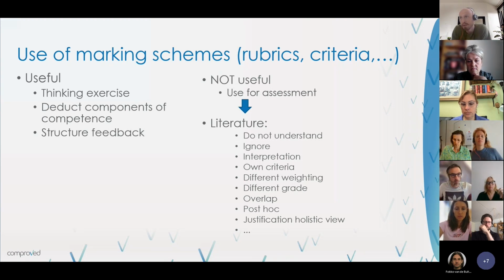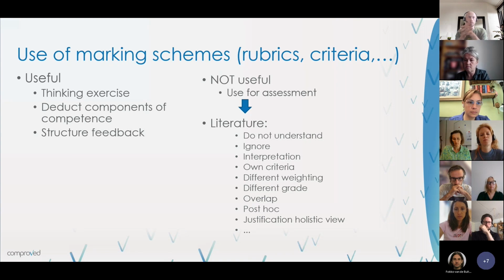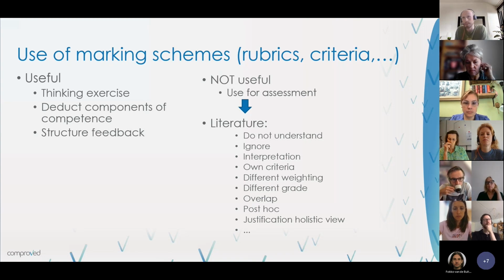They use their own criteria, have different weightings, different grades, and most of the time people use it as a justification of their gut feeling. So they read a paper, get a feeling of, okay, this is such a grade, and then they fill in the rubric or the criteria, so it confirms their beliefs.